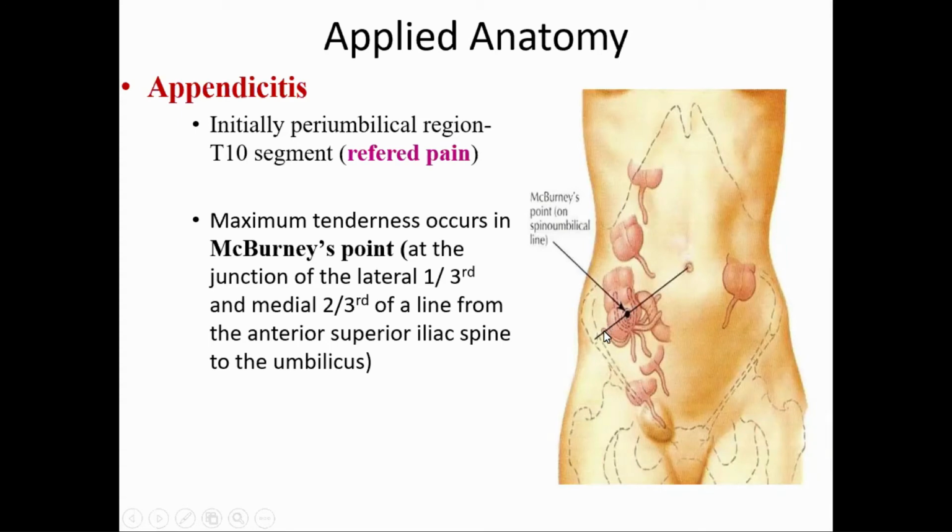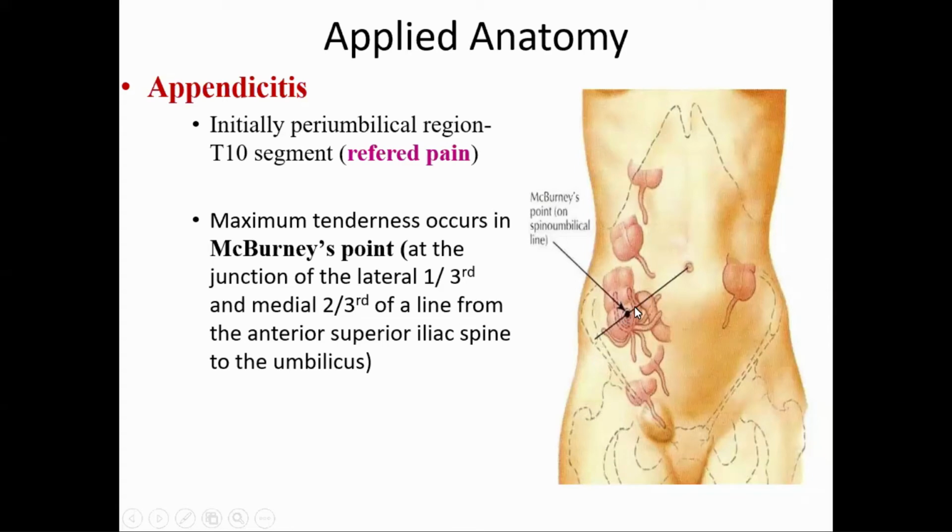McBurney's point is the point at the junction of, first of all, we have to draw an imaginary line from the right anterior superior iliac spine. Remember, right anterior superior iliac spine to the umbilicus, you have to draw a line and divide this line into the medial 2/3 and the lateral 1/3.